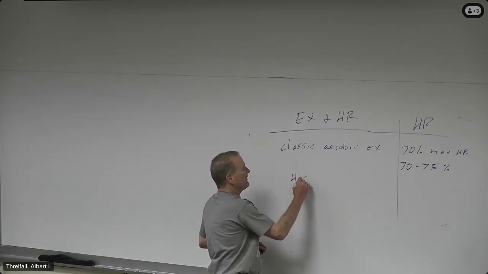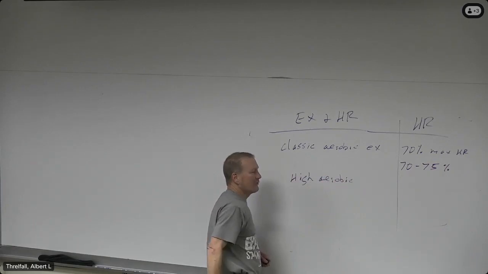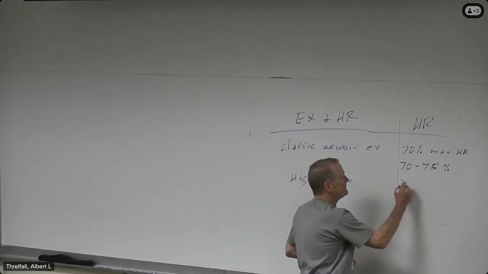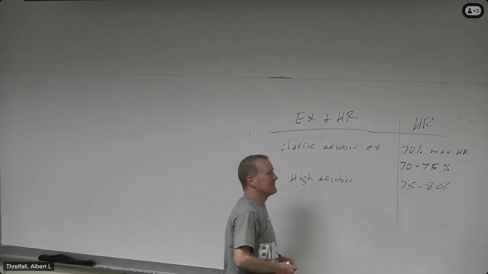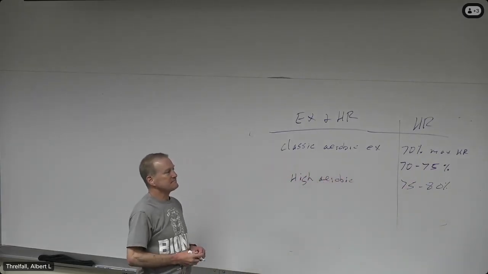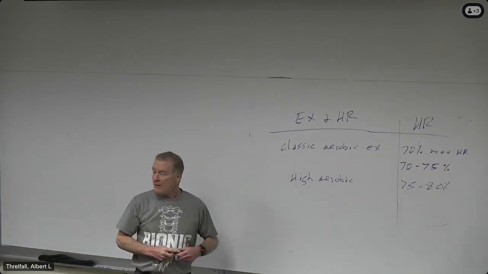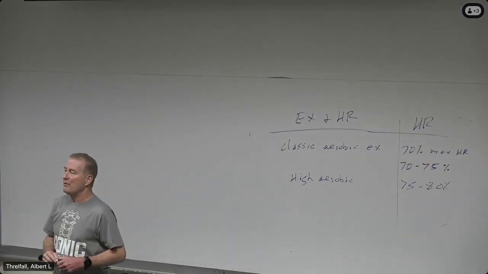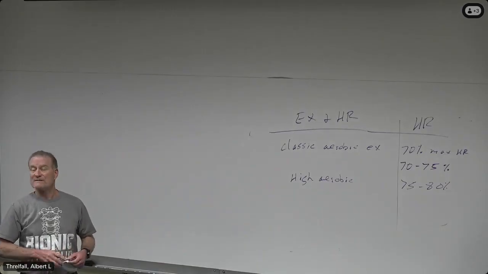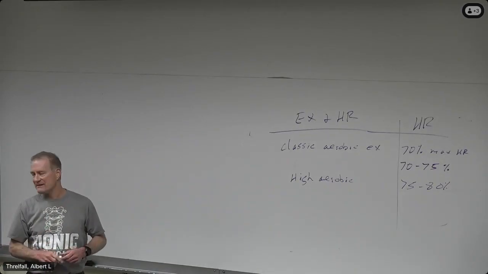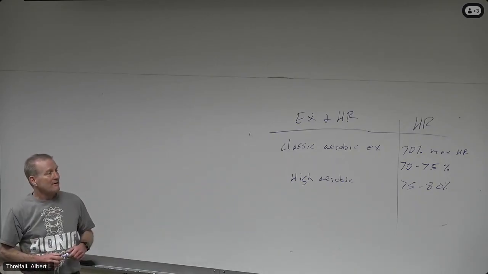And then people started defining high aerobic, which you would say was from 75 to 80%. And of course, then in these scenarios, people were actually monitoring their heart rate. In some cases, they would stop and take their heart rate, which doesn't work because as soon as you stop, your heart rate starts to plummet.